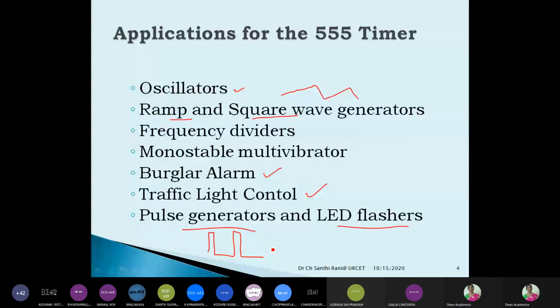Of course, in detail, the applications of IC 555 timer we will study: when it is used as monostable multivibrator, what are its applications, and when it is used as astable multivibrator, what are the various applications?